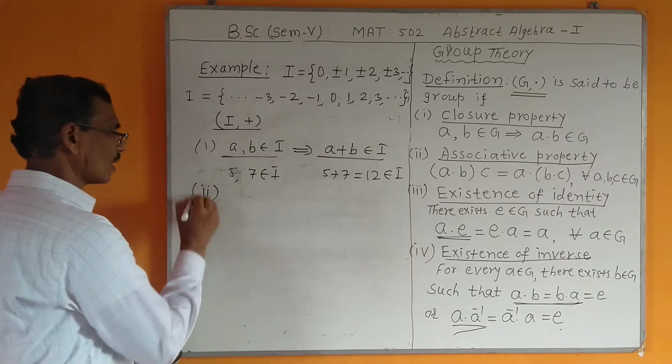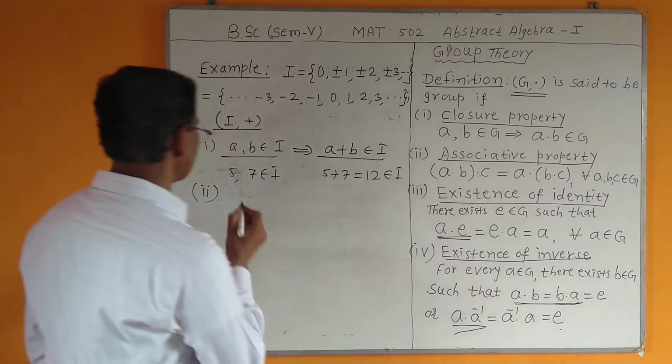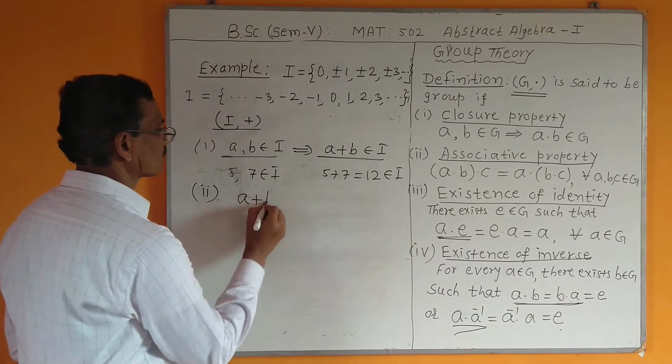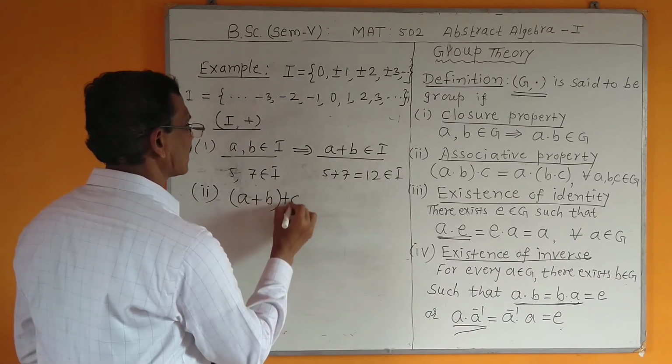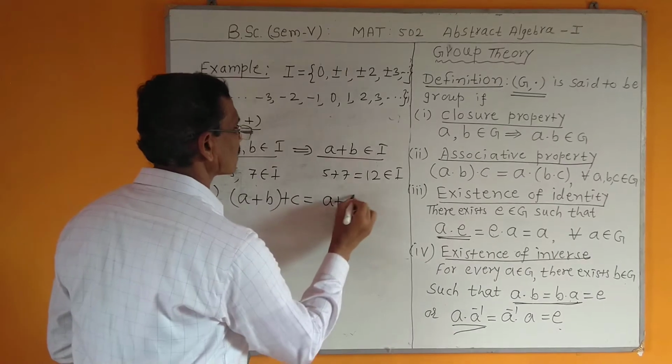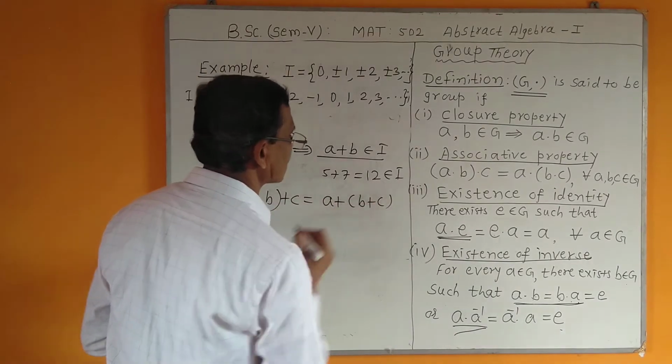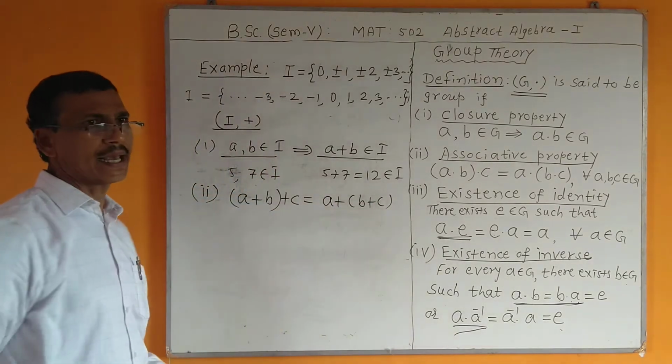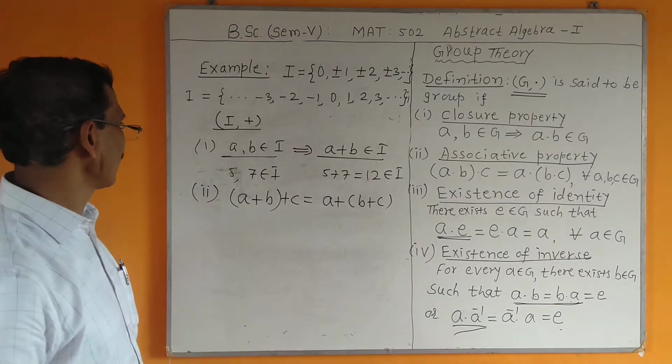Second, the associative property. In this case it becomes (a + b) + c = a + (b + c), and this is true for any three integers.